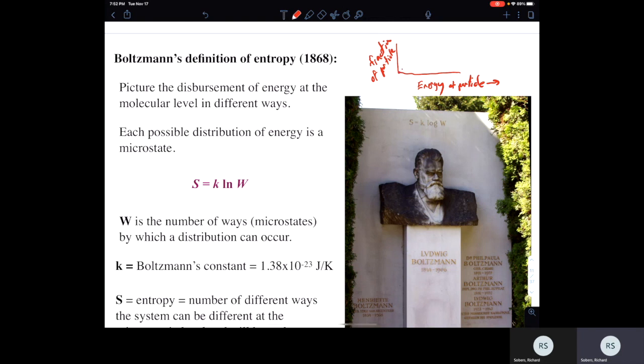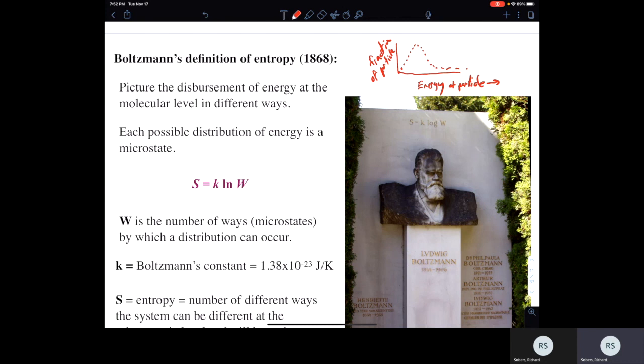So for each energy, there's a fraction of particles having that certain amount of energy, and that's described by a Boltzmann distribution. And of course, we can change the temperature and shift this distribution. So that's named after Boltzmann.